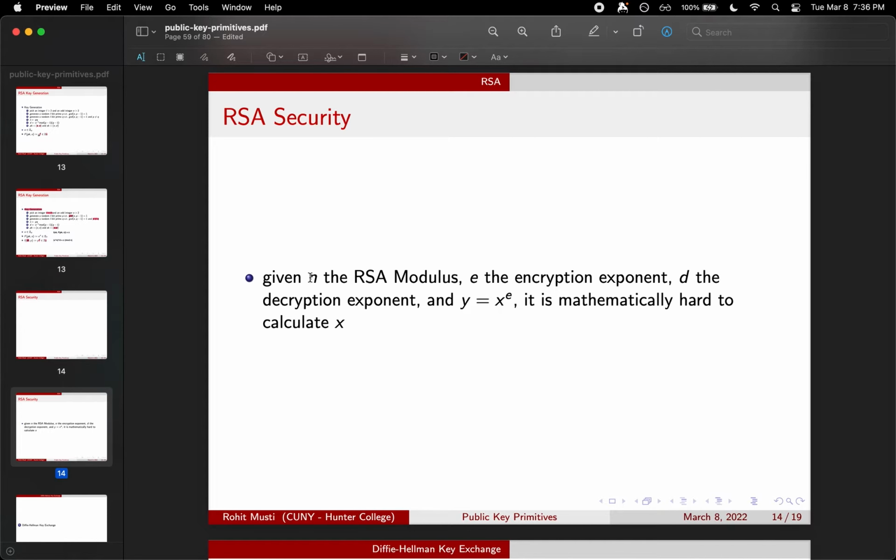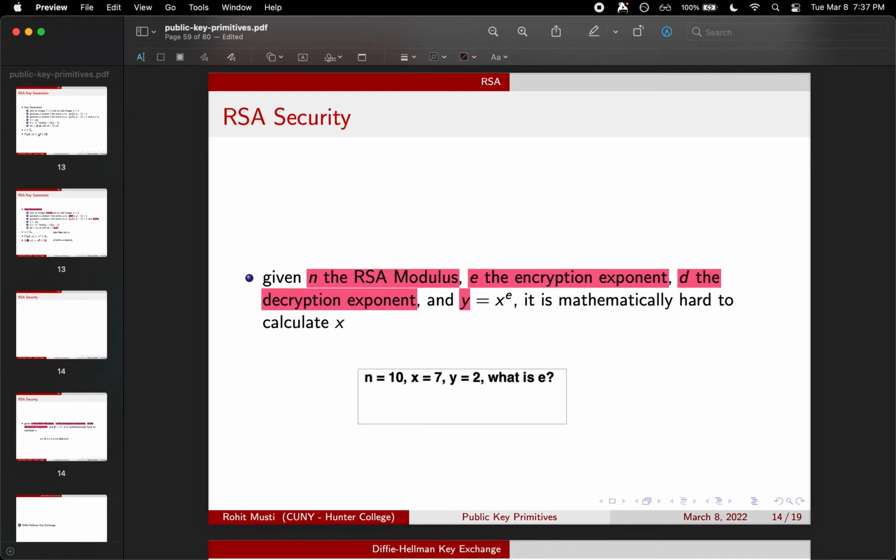Let's say n equals 10, x equals 7, and y equals 2. What is e? Well, e could equal 6, because 7 times 6 is 42, and 42 mod 10 equals 2.